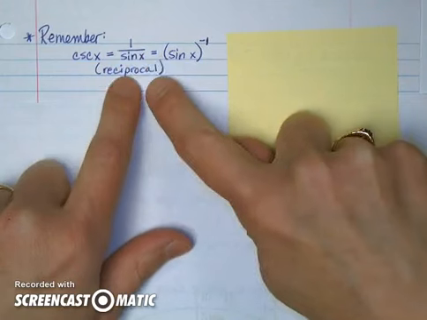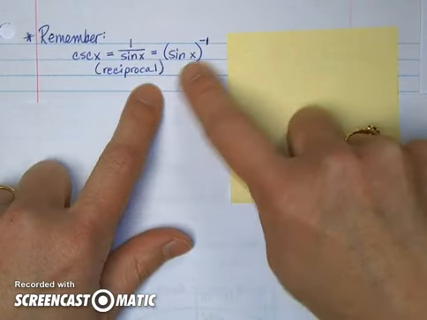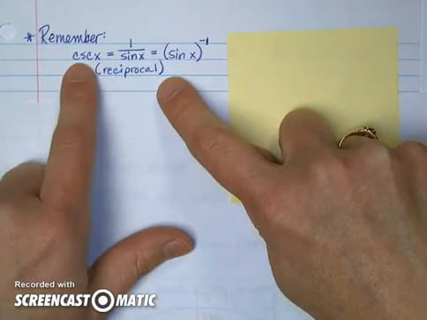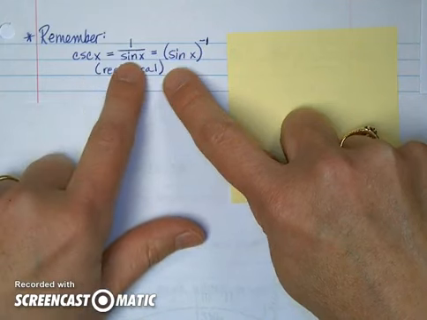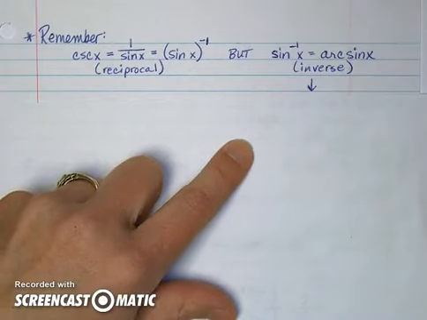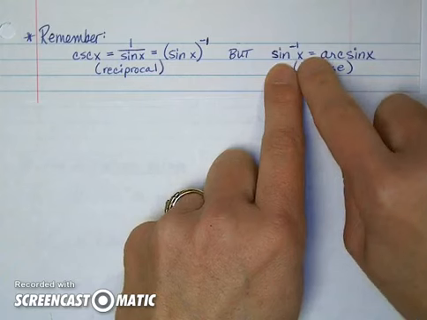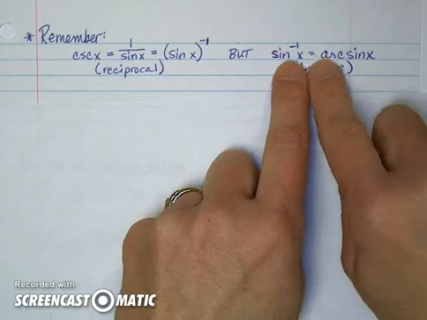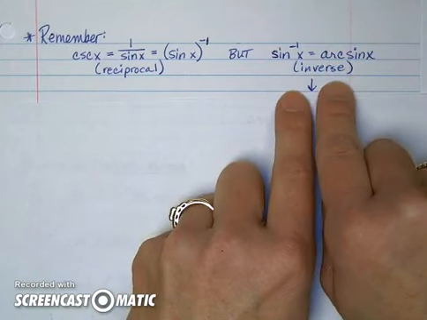This is the reciprocal of the entire function. So when you graph cosecant, or when you are evaluating a cosecant, you would put 1 over the sine of the value. But when you have the sine to the negative 1 of x, that's the arc sine x, that's the inverse. That's what we're talking about in this lesson.